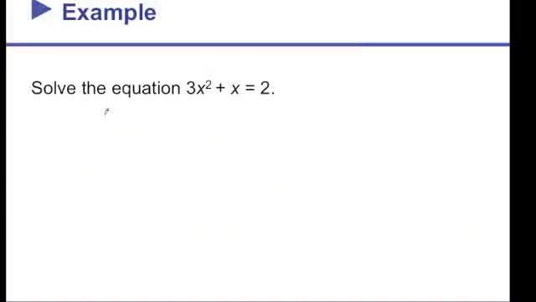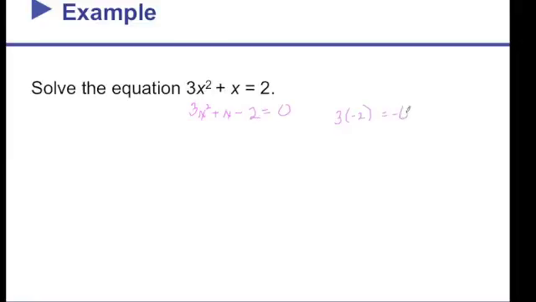We use that zero product property to help us solve equations, and here's an equation right here. First, we're going to get it in the form equal to 0. So 3x squared plus x minus 2 equals 0. We need to factor this into two binomial factors, and I'm going to do it by the grouping method. First I'm going to take 3 times negative 2, the coefficient of the first term and the last term, and multiply them together.